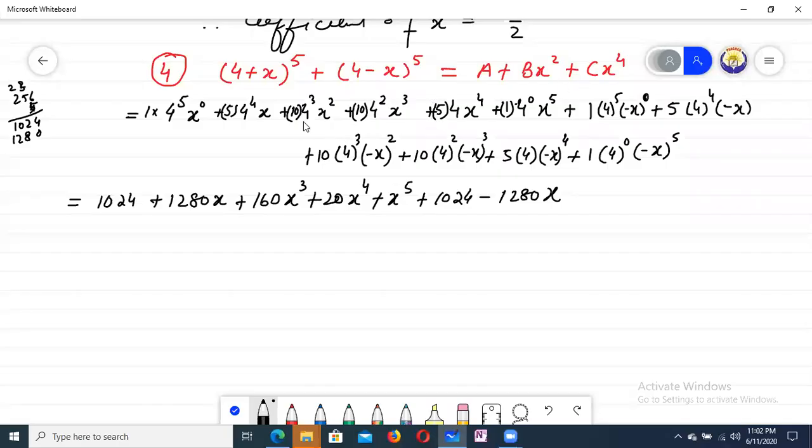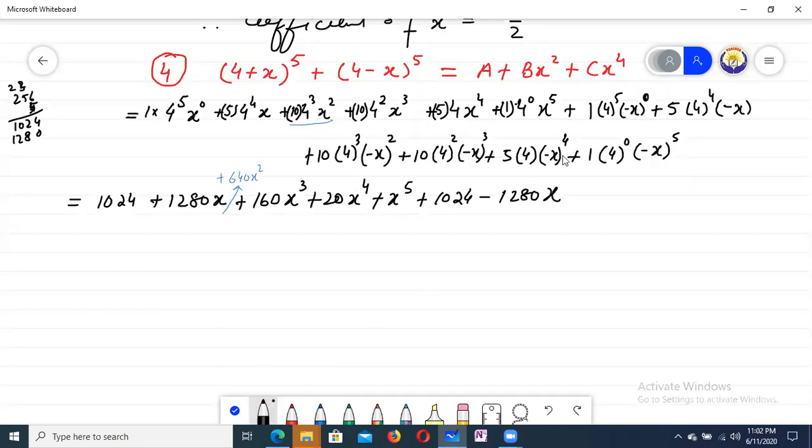As we missed this term here, this term is missing. This one, the terms containing x square, we can write this term here. This one here is 4 cube is 64, 64 into 10 is 640, 640 x square plus 640 x square.